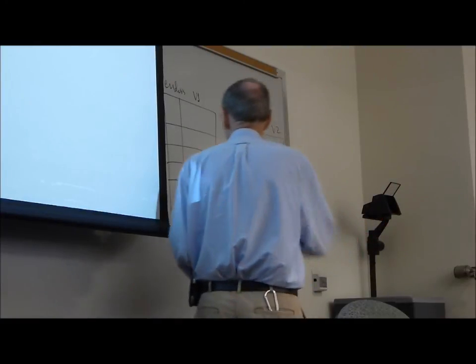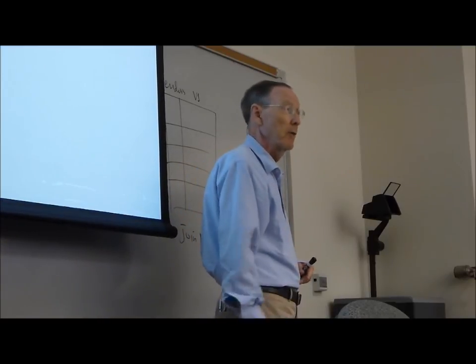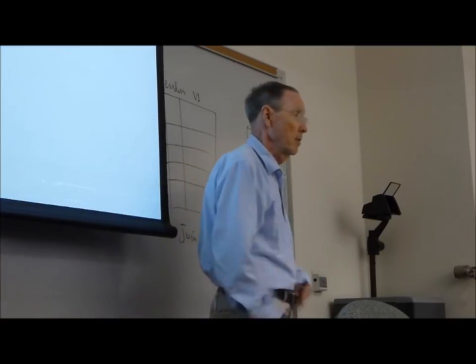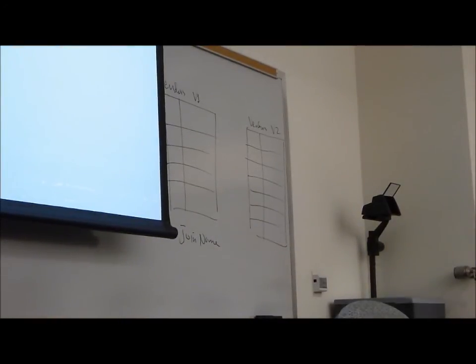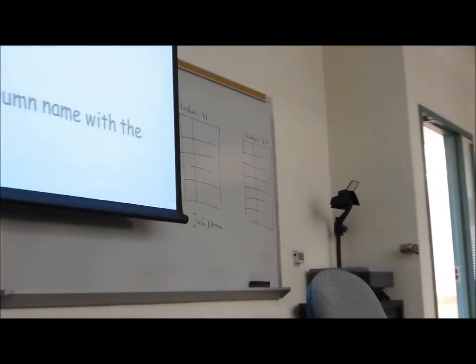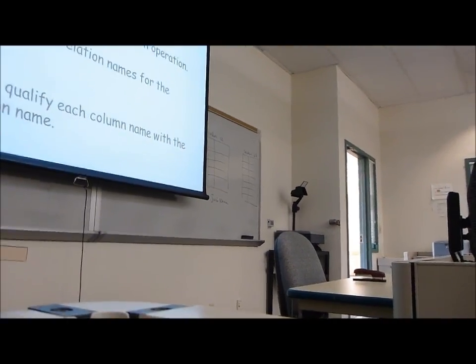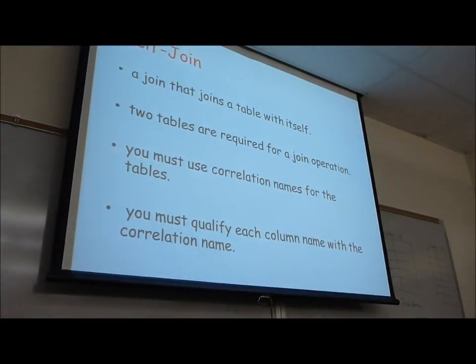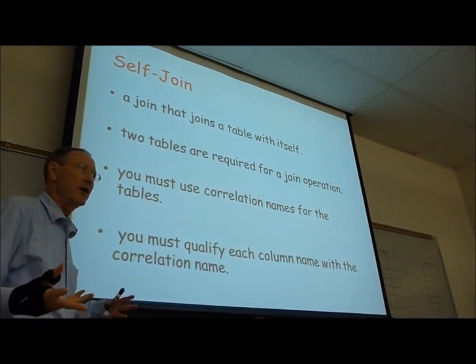But also, don't forget, I'll be joining with myself over here someplace. I don't want to include that, so I take that one out. So, this is the notion of a self-join. Okay? We join a table with itself. And another key point here is two tables are required for a join.